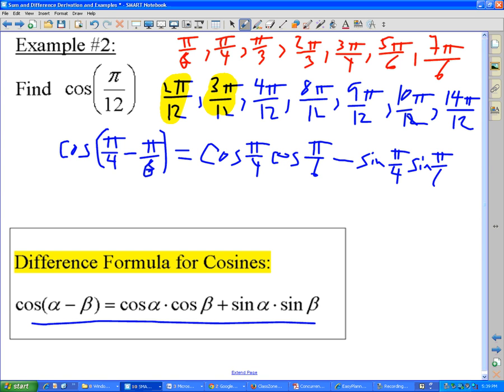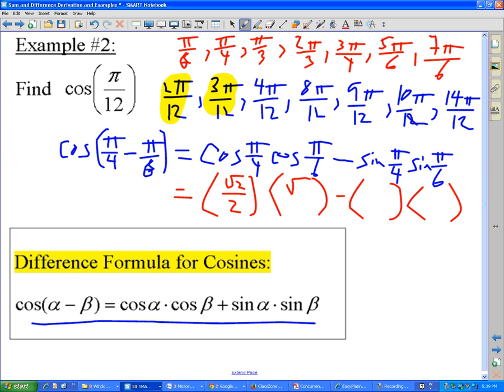And once again, once you get to this point, it's just a substitution game. Our substitution is going to include the same ratios we just used before: root 2 over 2, root 3 over 2, another root 2 over 2, and then finally a 1/2. It looks like we're going to end up with root 6, subtract root 2 over 4.